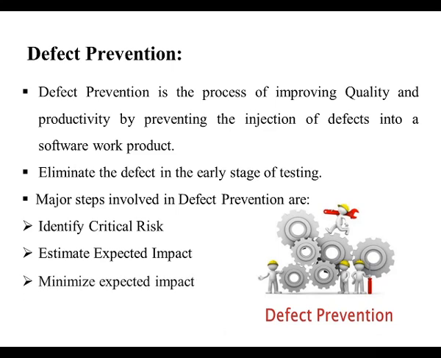The next major step is to minimize the expected impact. Once you identify all critical risks, take the topmost risks which may be harmful to the system if encountered and try to minimize or eliminate them. For risks which cannot be eliminated, reduce the probability of occurrence and the financial impact.